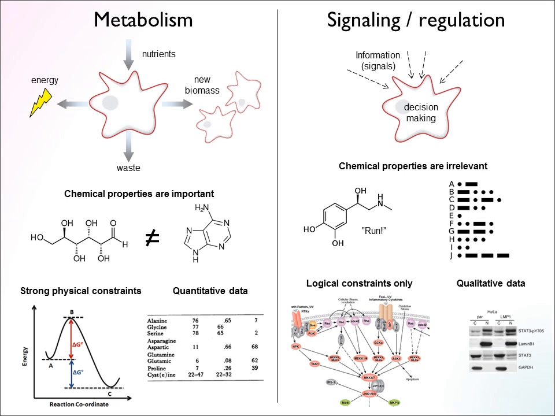In signaling or in cell regulation, it's not as important, I think. We usually look at qualitative data. We look at whether a signal is there or not, whether something has got phosphorylated or not. Maybe we'll look at a bit of relative, twofold up, fivefold down, those kinds of things. But we don't look at quantitative data in the same way.